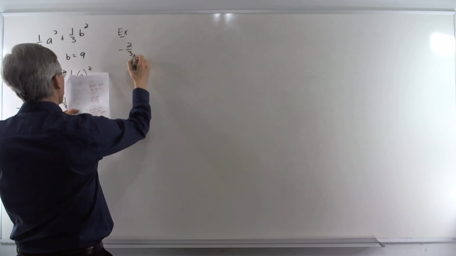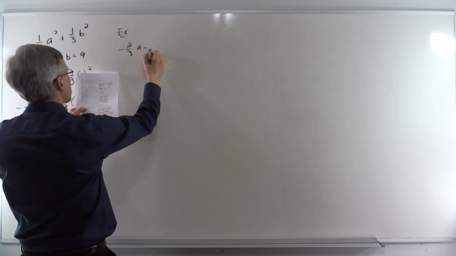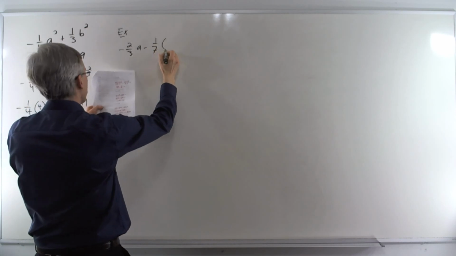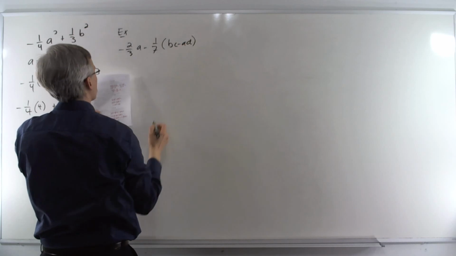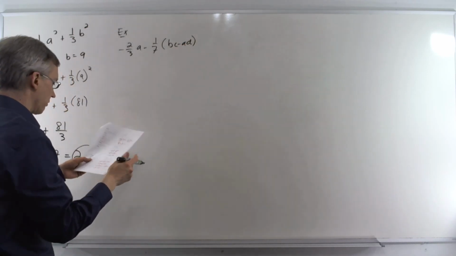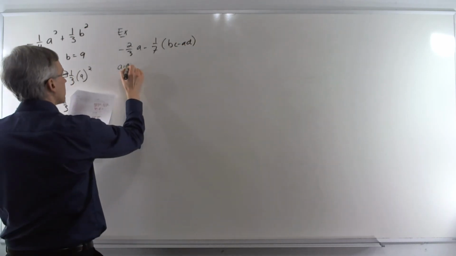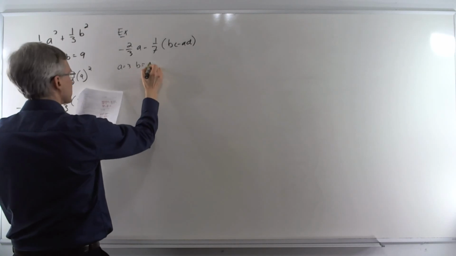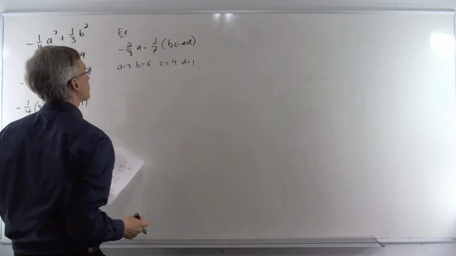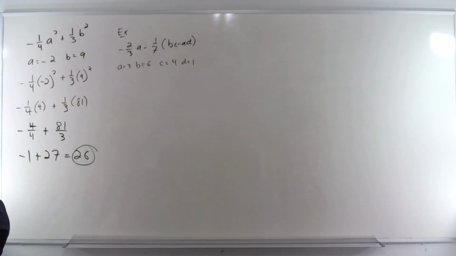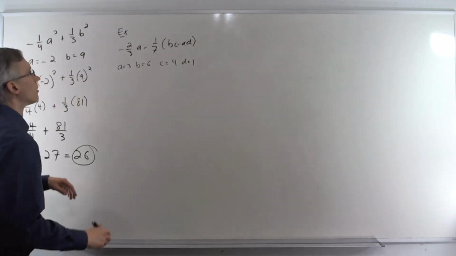We've got negative 2/3 a minus 1/7 times bc minus ad. And we've got a equals 3, b is 6, c is 4, and d is 1. Plug it in.